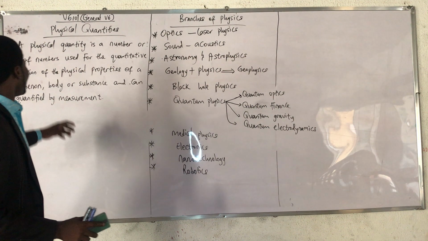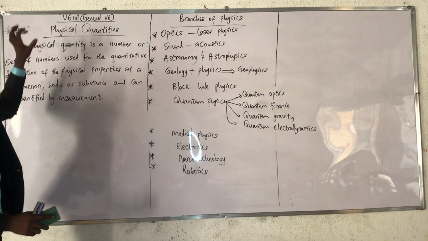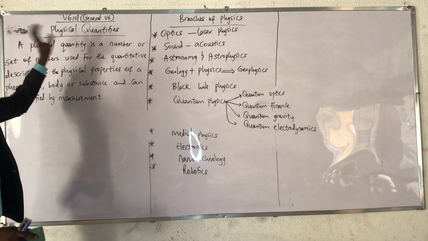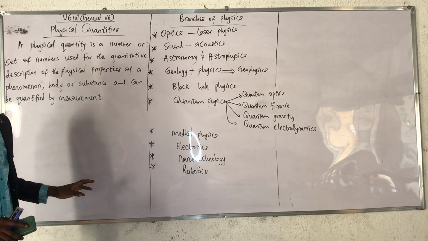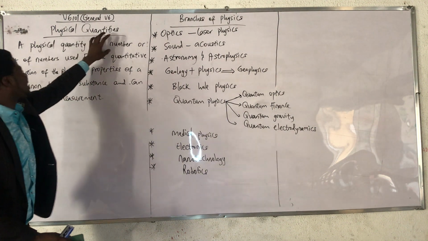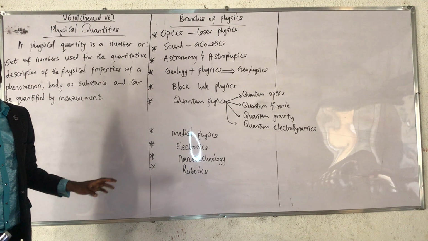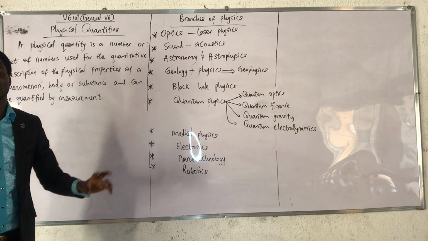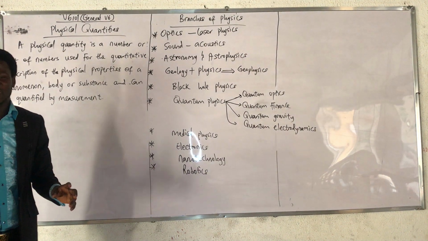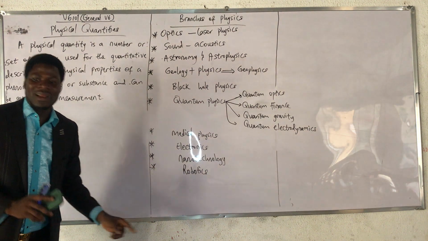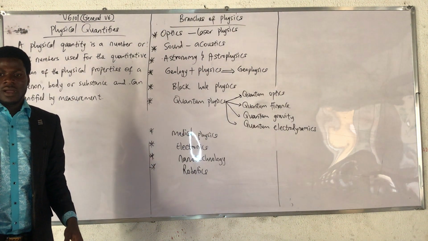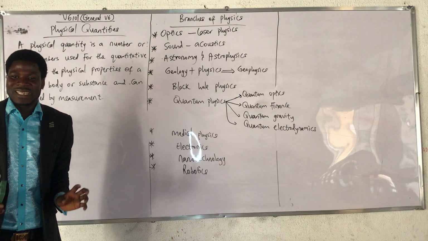Okay? So these are the things physicists study. They study what we call physical quantities. And these physical quantities, we said they are numbers. They usually go with what we call units, so as to differentiate one quantity from another, and again, to give it a well-defined meaning.